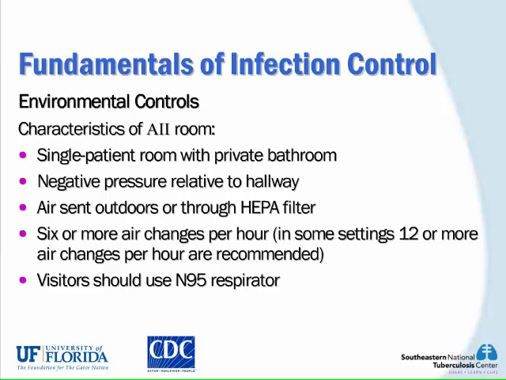Characteristics of AIIR rooms are single patient rooms with private bathrooms, negative pressure relative to the hallway, all the air sent outdoors or through HEPA filters, and 6 or more air changes per hour. And the visitors to the patients in those rooms should wear N95 respirators.